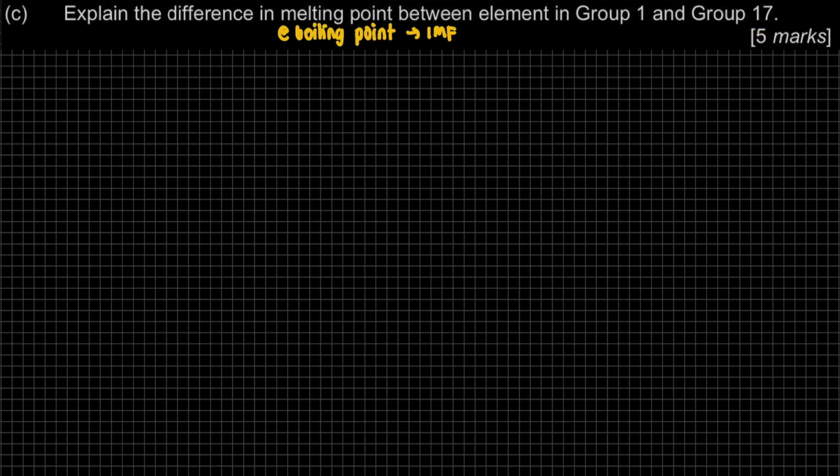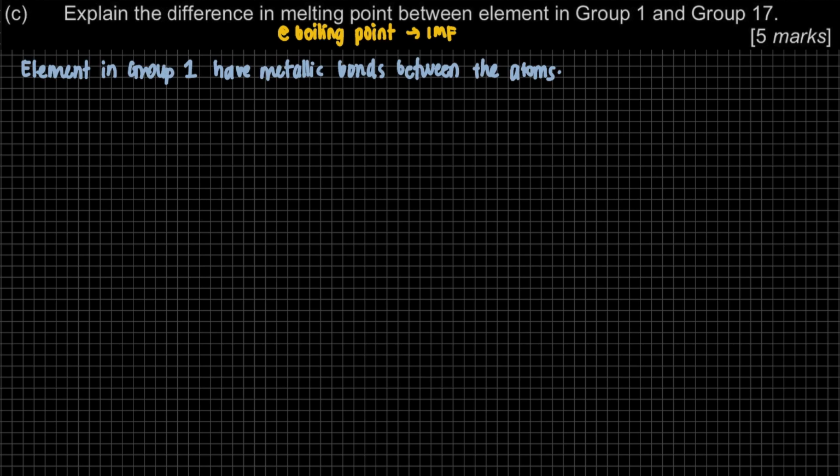Okay, because for chemical bonding, not only have we learned about the hybridization and the shape, we also learn about the bond between the atoms themselves. So first, what I'm going to do is mention the force that exists in group 1. So for the element in group 1, between the atoms we have metallic bond. So what actually is metallic bond?